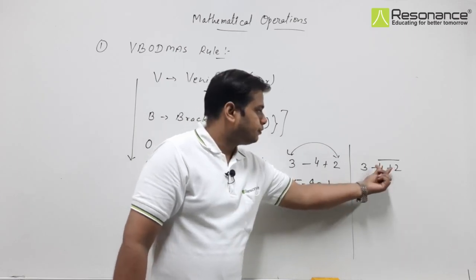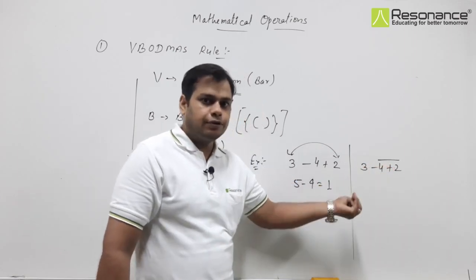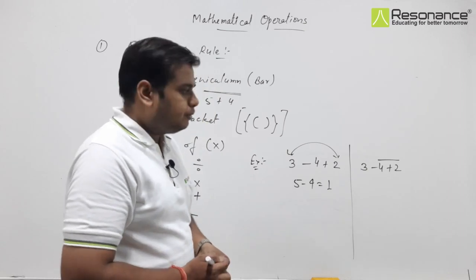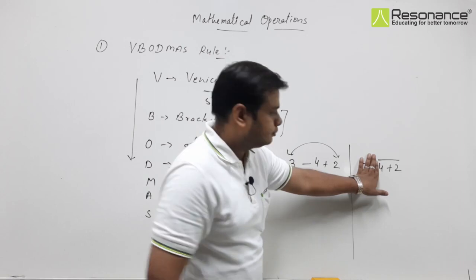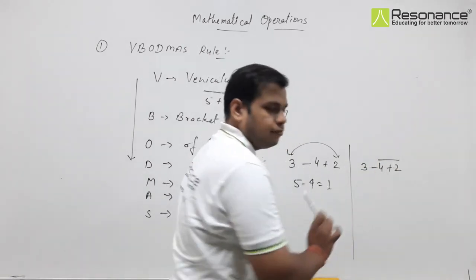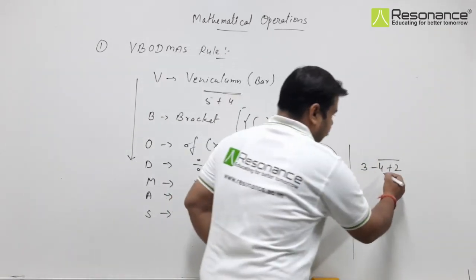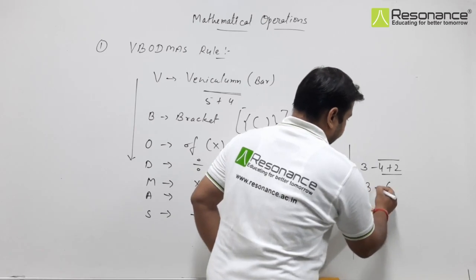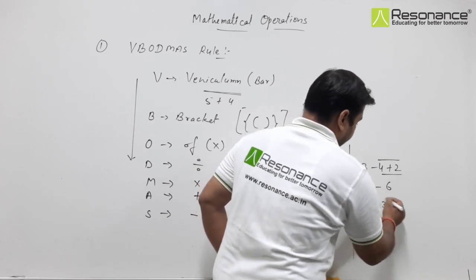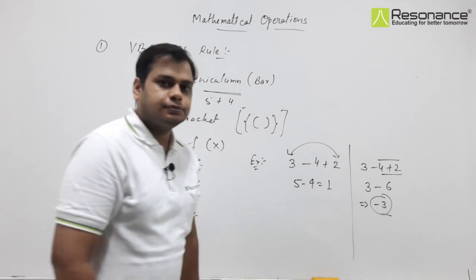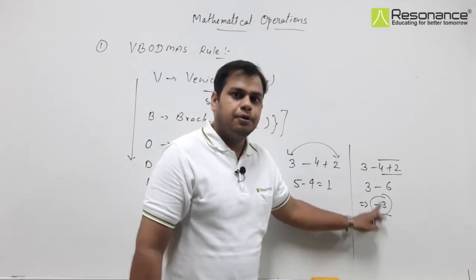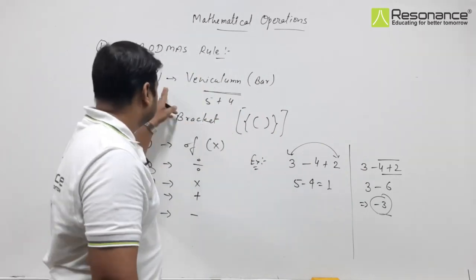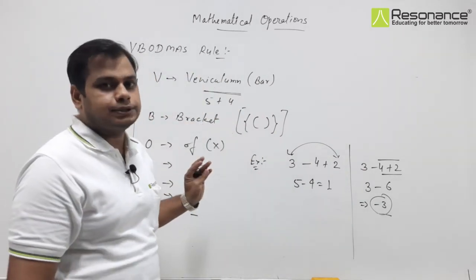But if there is a vinculum drawn, then what happens? Vinculum means we have to solve this part very firstly. So 4 plus 2 becomes 6 and 3 minus 6 becomes minus 3. So these are the changes made by following these mathematical operations.